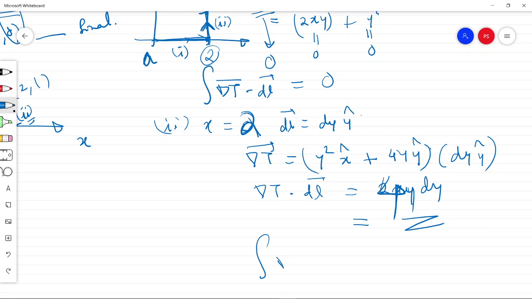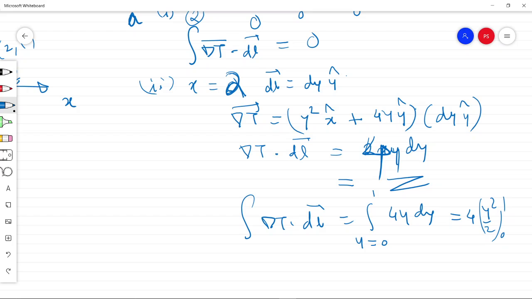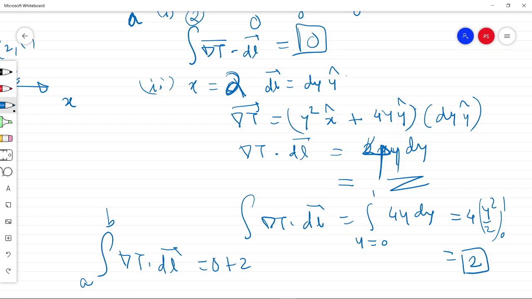Now this can be integrated, integral 4y dy, as y runs from 0 to 1 for this path. So this is just 4y squared by 2 running from 0 to 1. So this is going to be equal to 2. Now this is 0 and 2, so the total integral from a to b of grad T dot dl bar is just 0 plus 2, which is equal to 2.